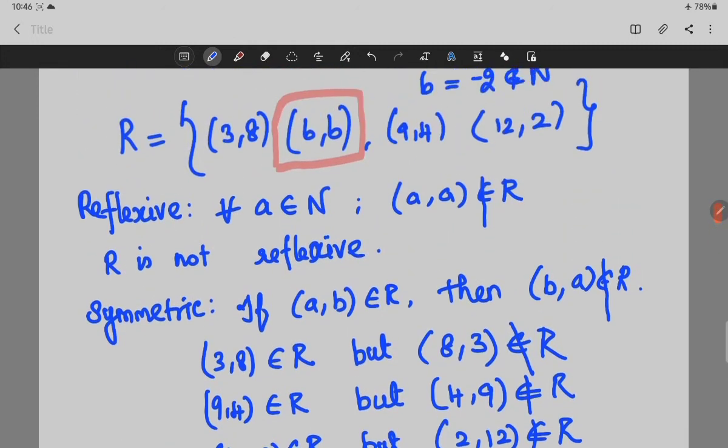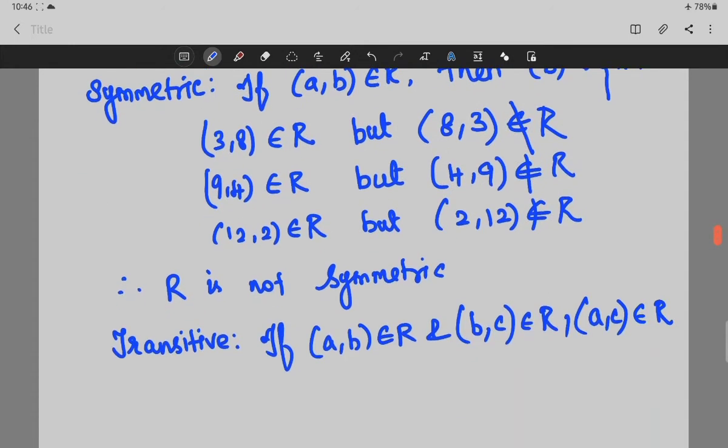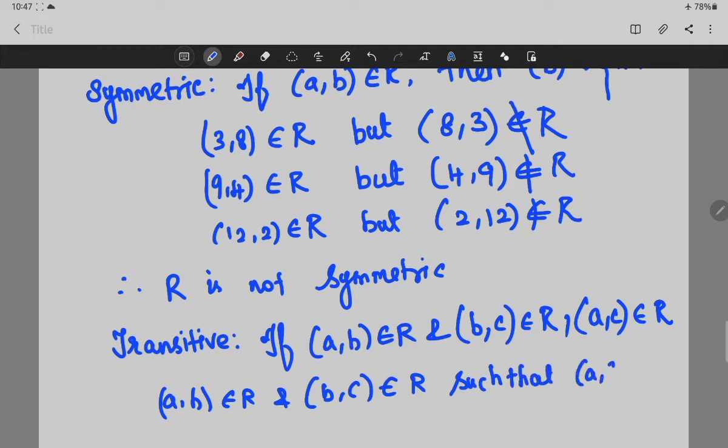You just consider the first one, (3, 8) is there, but 8 is not related to any other element. So we can't find 2 ordered pairs (A, B) belongs to R and (B, C) belongs to R such that (A, C) does not belong to R.